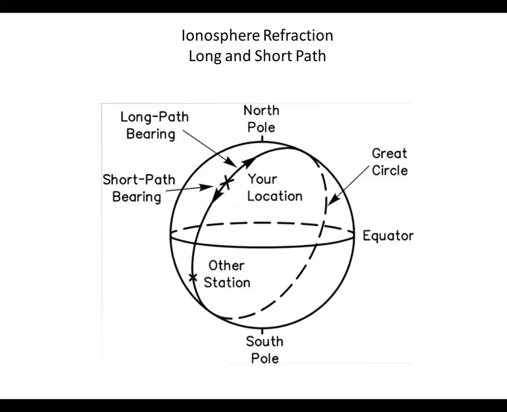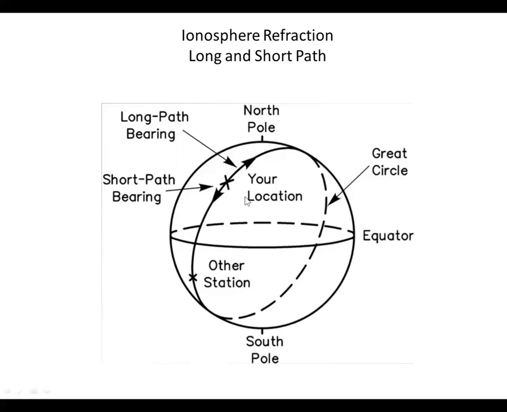And the other thing you need to be aware of is the long path and short path of a signal. And this graphic tries to show, say, if you're located here and you're transmitting to another station, this signal here is the short path, and the signal follows the great circle, the shortest distance on the surface of the Earth from your location to the other station.